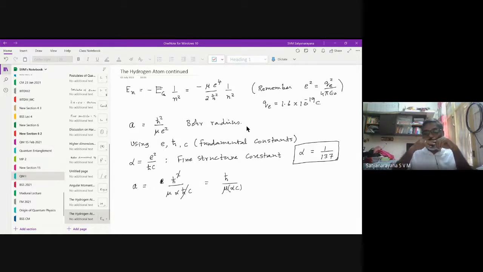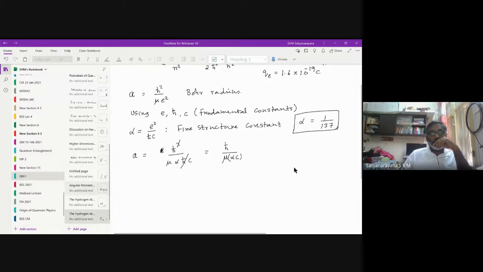Now you can see that this alpha is a dimensionless number. So alpha c is a velocity, and m into that velocity is like momentum, and h by p is like wavelength. So this Bohr radius is that of a length dimension, as we know. And similarly, we can write down our energy.